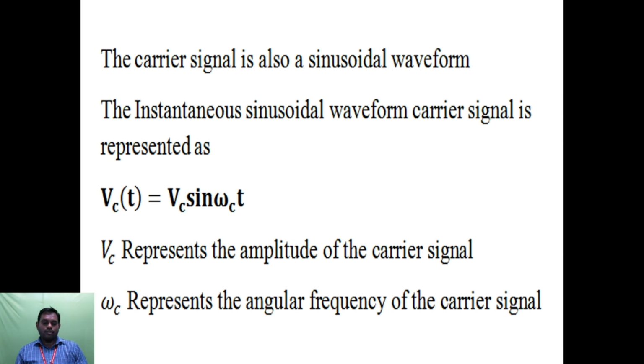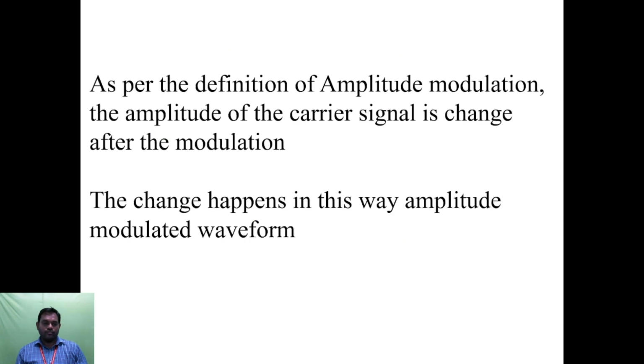Here Vc is the amplitude of the carrier signal, omega c is its angular frequency, and T is the time period of the carrier signal. In the carrier signal, the amplitude is constant. As per the definition of amplitude modulation, the amplitude of the carrier signal is changed after the modulation.